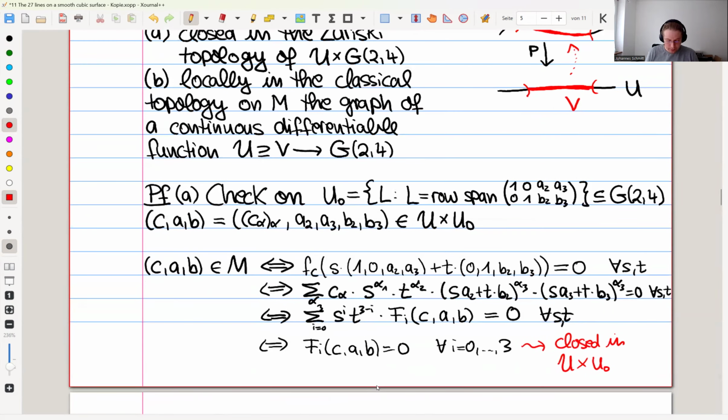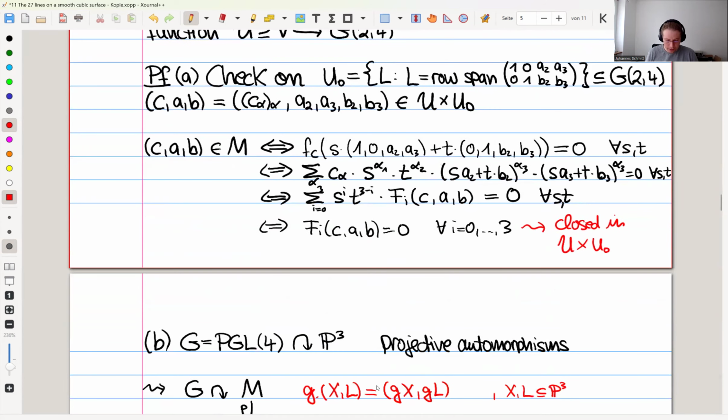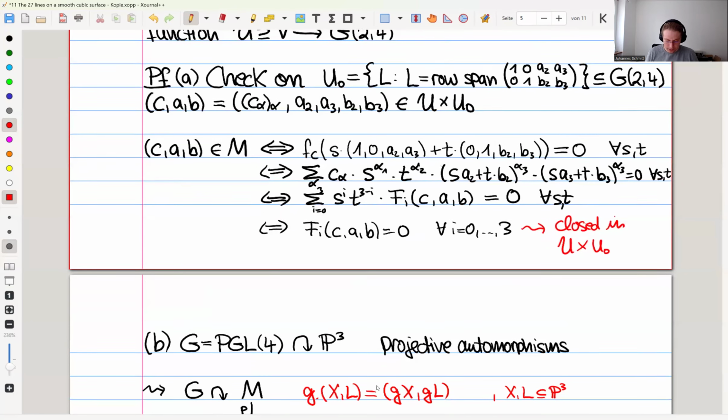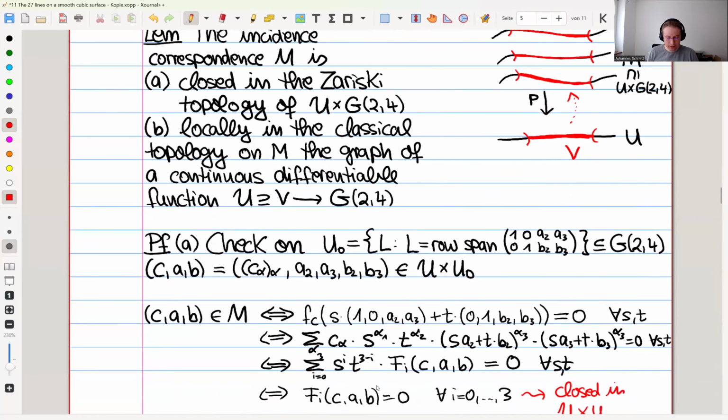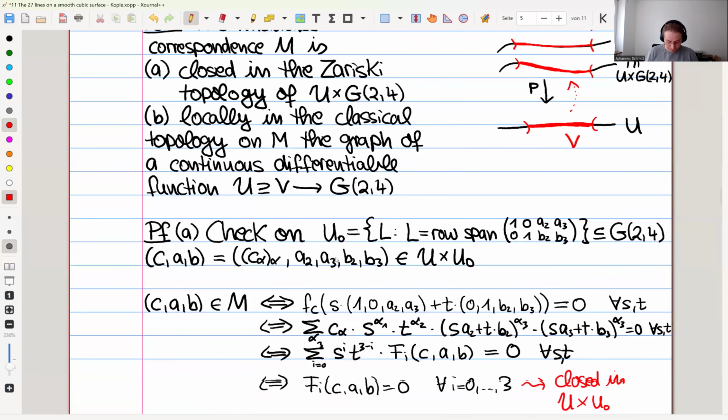Then the next part, we want to show that locally in the classical topology, this is the graph of such a continuous function. And the first thing that we want to argue is that we can again place ourselves in some nice situation. So we can go to some nice point on this M. In particular, since we already did the analysis on this patch, maybe we can move things around so that we are actually in this patch.